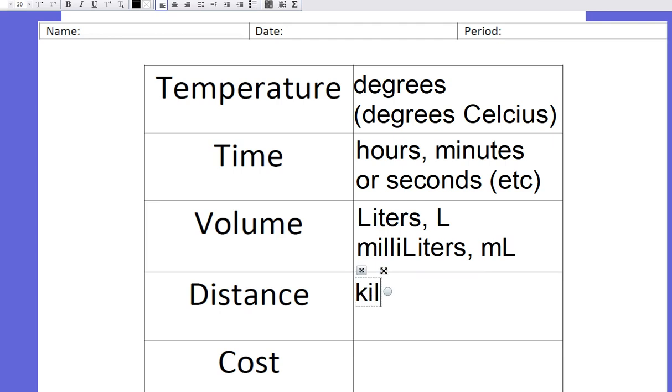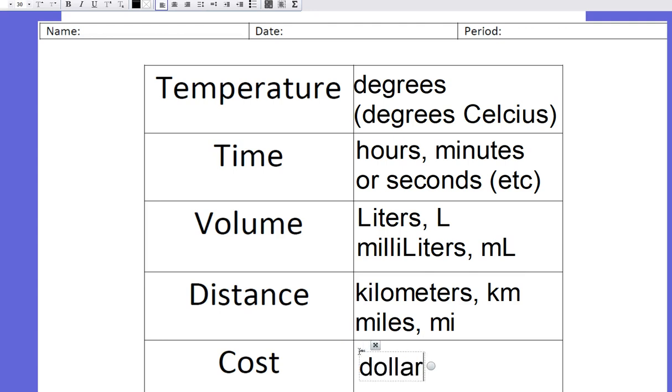Distance is measured in kilometers or miles. Cost is measured usually in dollars if you are in the United States.